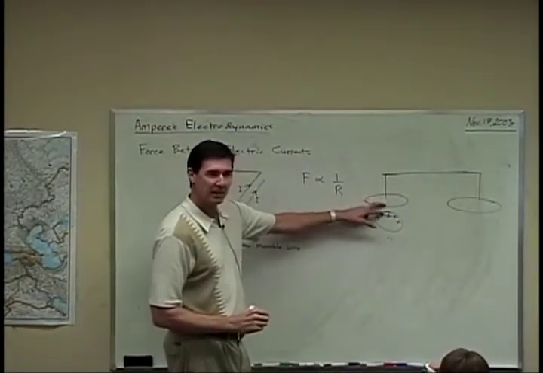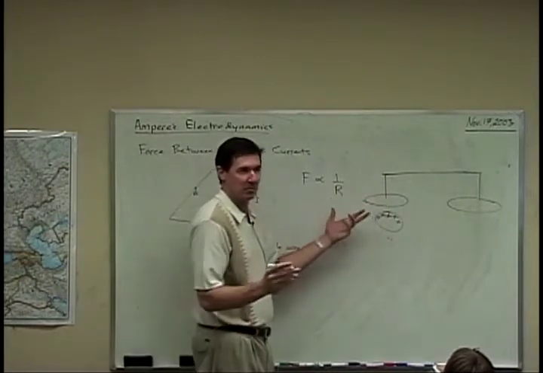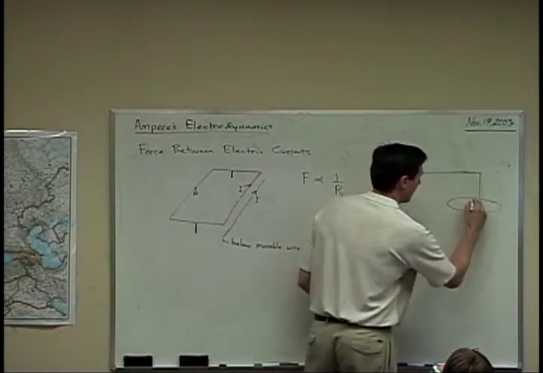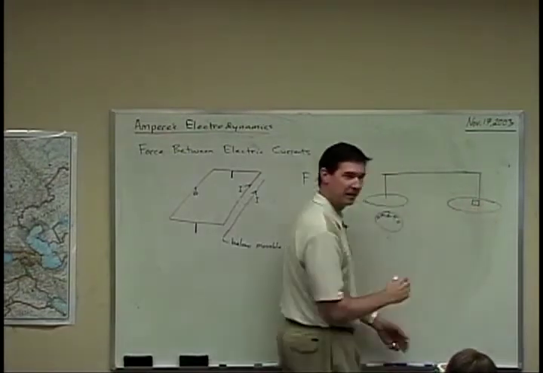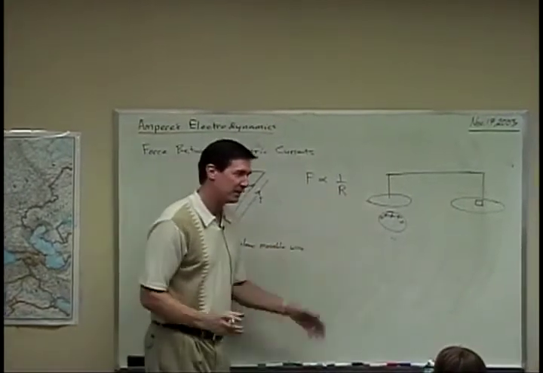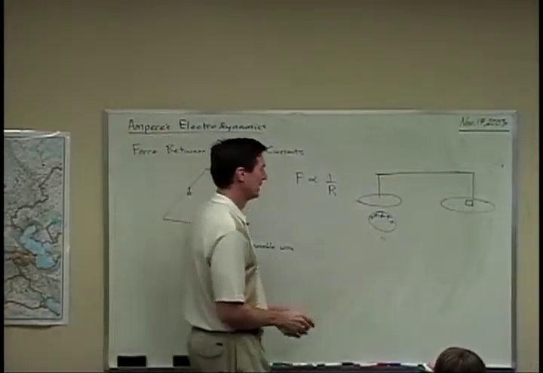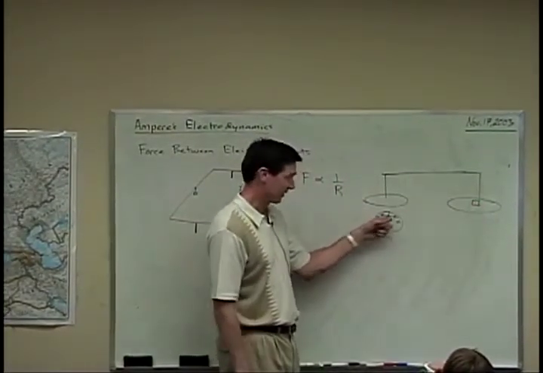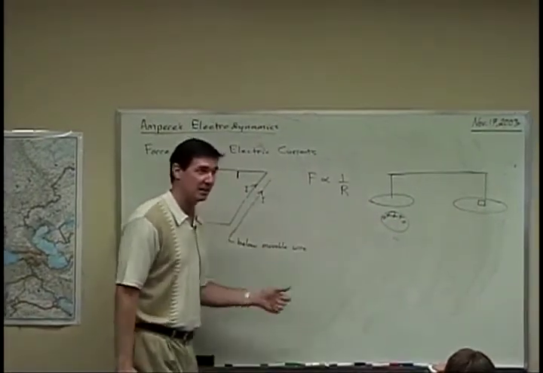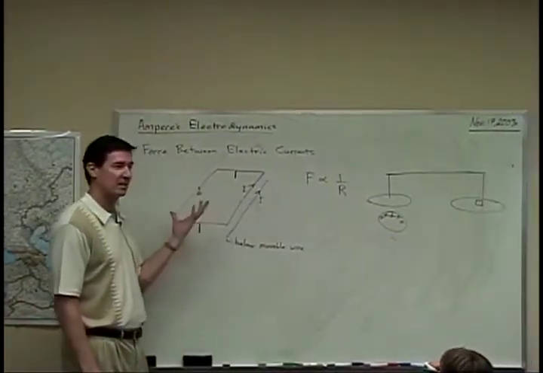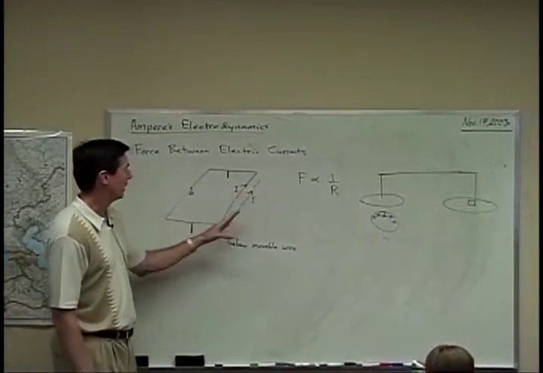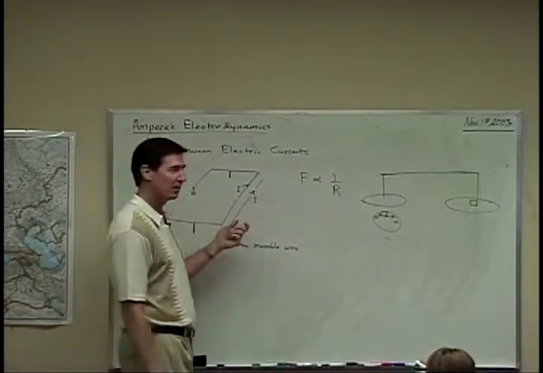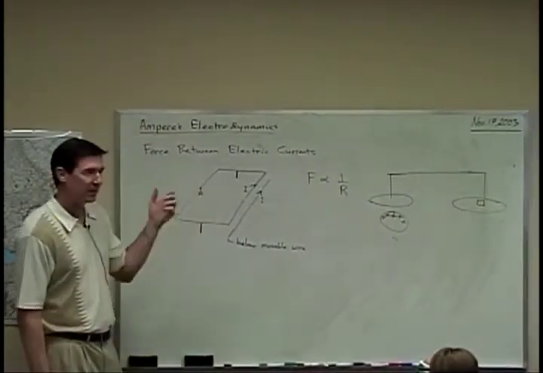Well, it'll pull this plate down, right? You can get a measure of the strength of that electrical force just by how much weight you have to add over here to balance that out. So if you have to add 5 ounces of weight over here, then the strength of this electrical force was 5 ounces. This is the same exact idea here. You get a measure of the strength of the force between these two currents just by how much weight you have to hang on the other side.